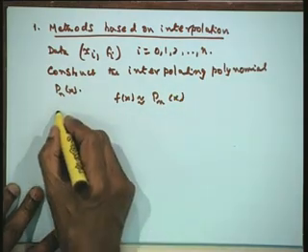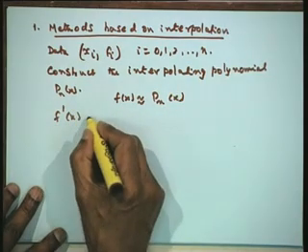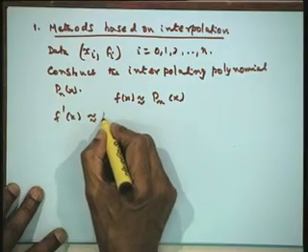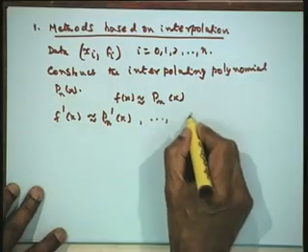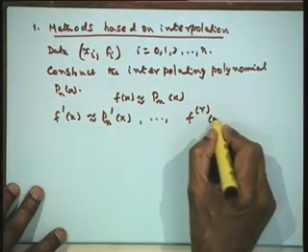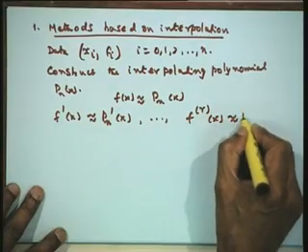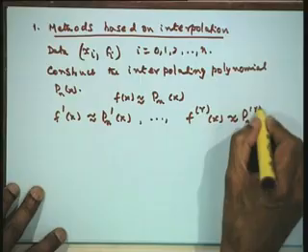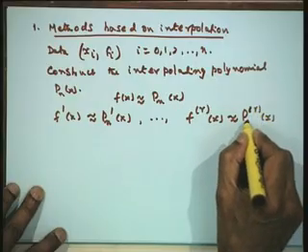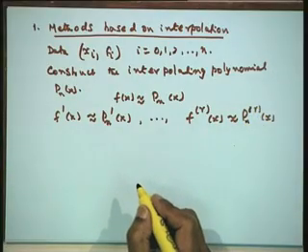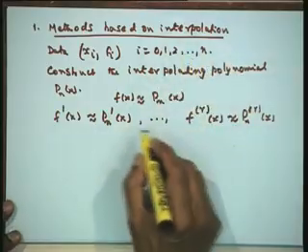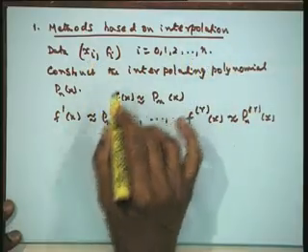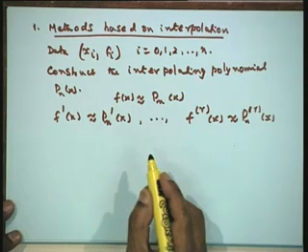That means f(x) is now approximated by Pn(x). Now, I can differentiate it and get f'(x) approximately equal to Pn'(x). So, in general I can differentiate it r times to get Pn^(r)(x). So, I can differentiate it and get the value of the derivative either at the nodal point, that is xi, or at non nodal points.